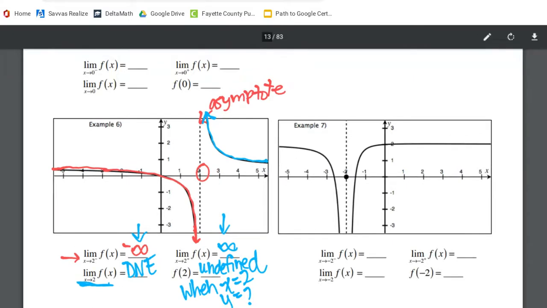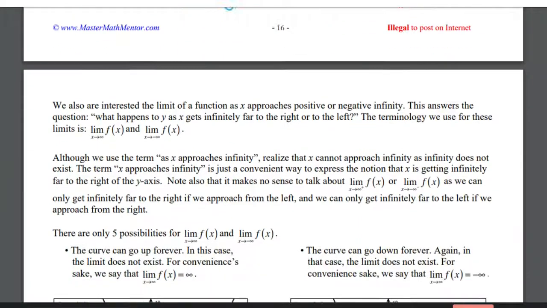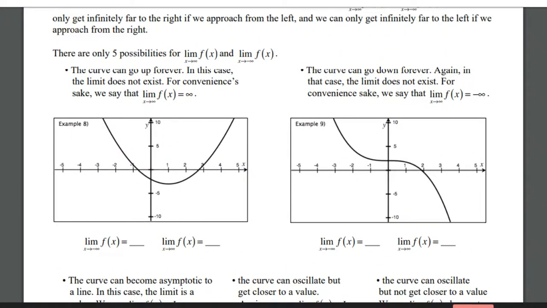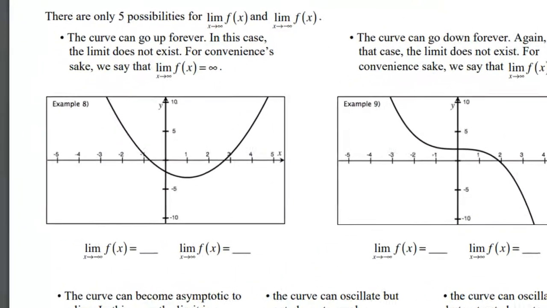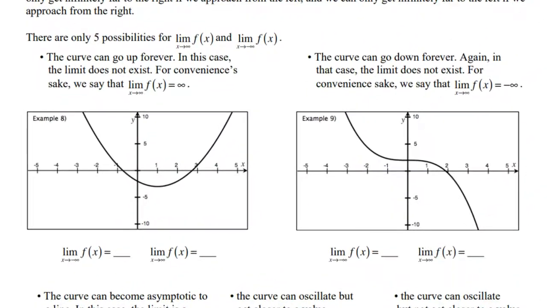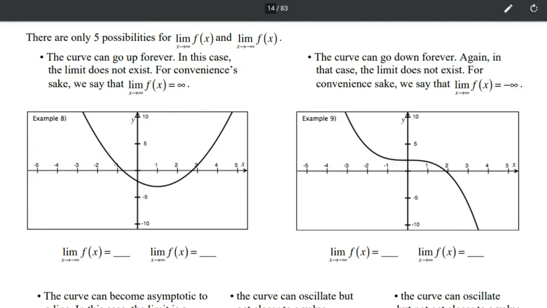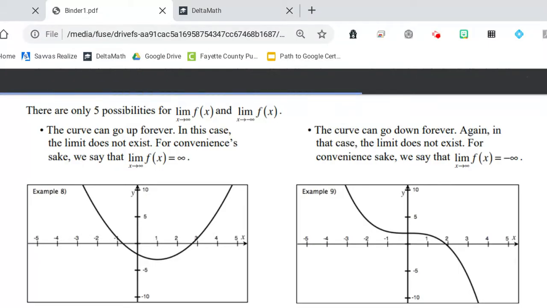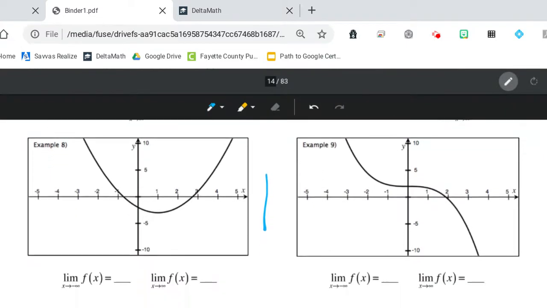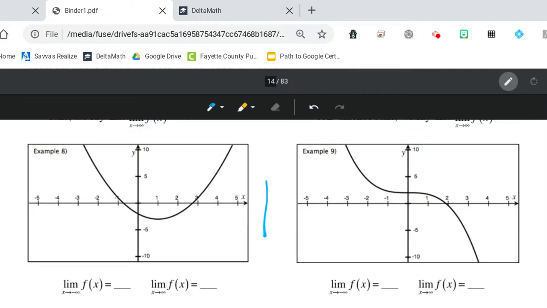Okay, so then, let's see, is there anything else you might need to do? Oh yes, you're also going to have to evaluate limits as x approaches infinity. So when x approaches infinity, and when x approaches negative infinity, what I'm really asking you for is end behavior.